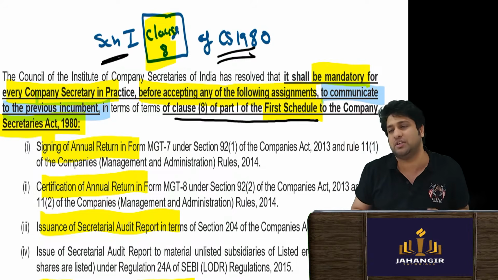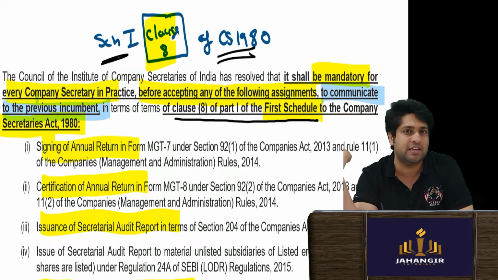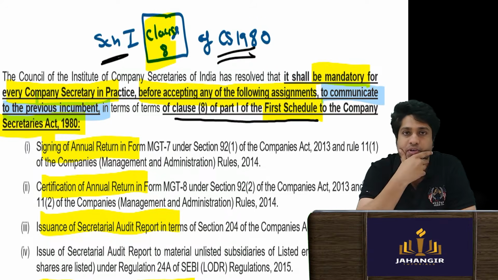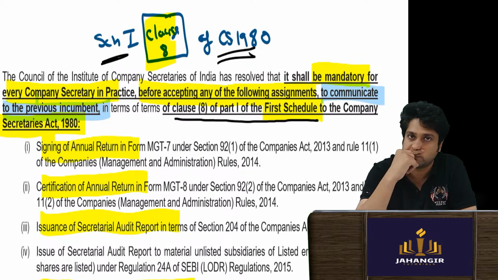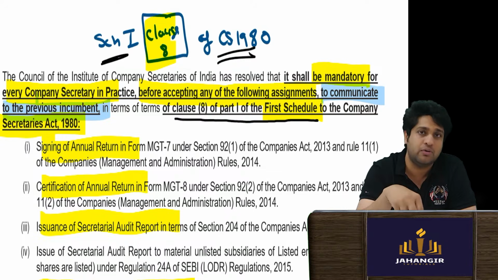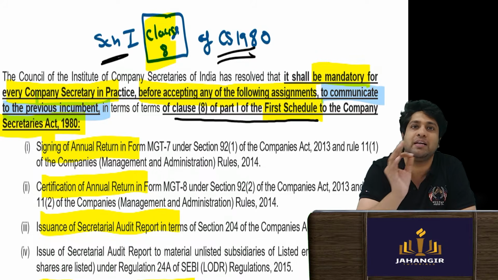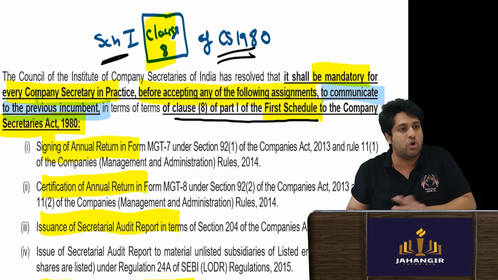And my question is, and even in the exam they have asked, do I need to take a NOC from the previous guy, that listen, I'm coming in, give me a NOC, then I will enter? Is NOC to be taken from the previous auditor? For example, I am coming to do an audit. Now, before me, whoever was the auditor, it is my duty, mandatory for me to connect with him. I don't need his NOC. I simply need to inform him that I am the new auditor that is there.